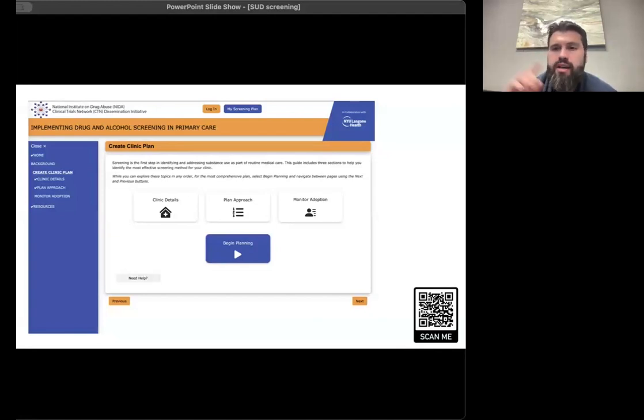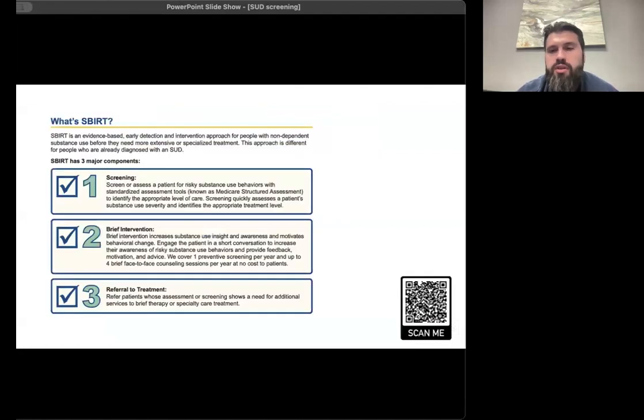You go through these, again, very iPad-esque clicking of boxes, and it'll give you a plan for how to do this based on your clinic. And it actually gives you tracking tools on how to monitor adoption of this in your clinic practice. It's a really great instrument, and if I was going to implement this at a clinic, this is something I would definitely look at. And there are also resources in there to give the citations needed if you're more interested in that.